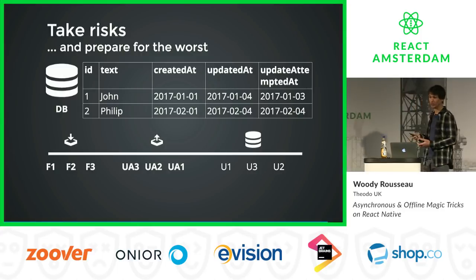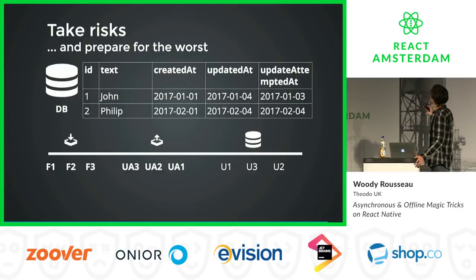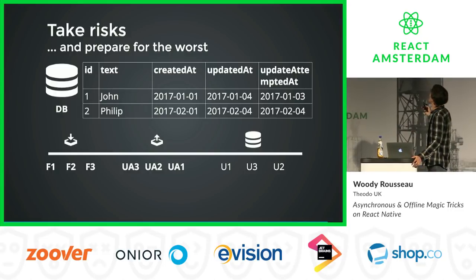If you, however, want to trust the client, because it doesn't matter in that use case, you can just store, this is created at, and updated at, which are quite classical in databases, but you can also store a column holding the update attempted at, which matches these timestamps. And in that case, you're going to be able to handle other strategies.